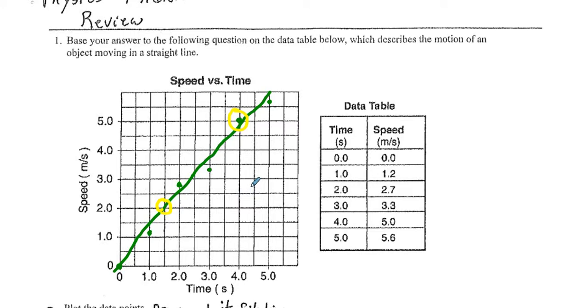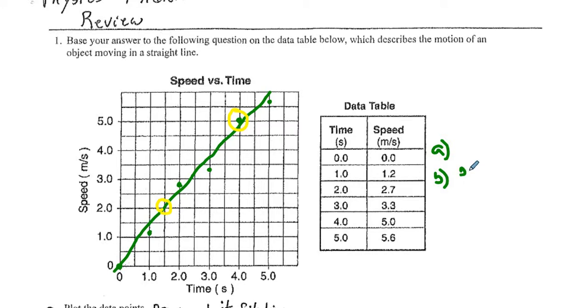Okay, so when I went through and did this, I'm looking at A, it says plot the points and draw a best fit. Okay, so done. And then for B, it says calculate the slope of the line.